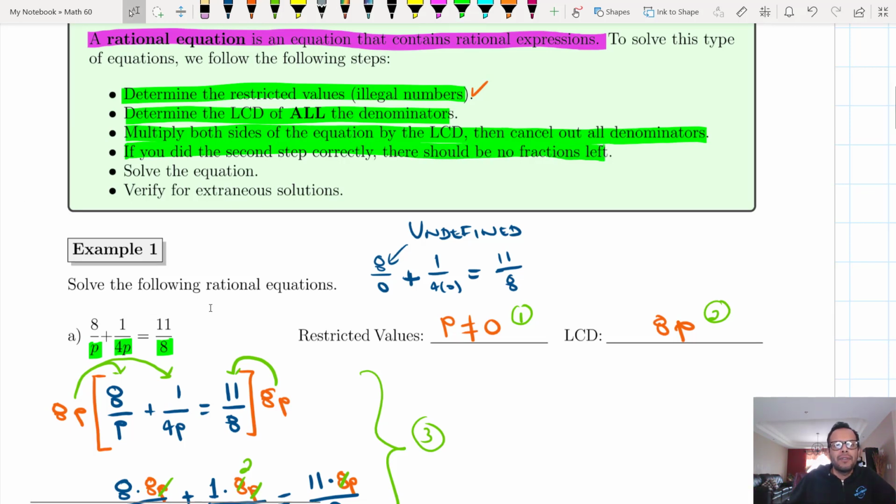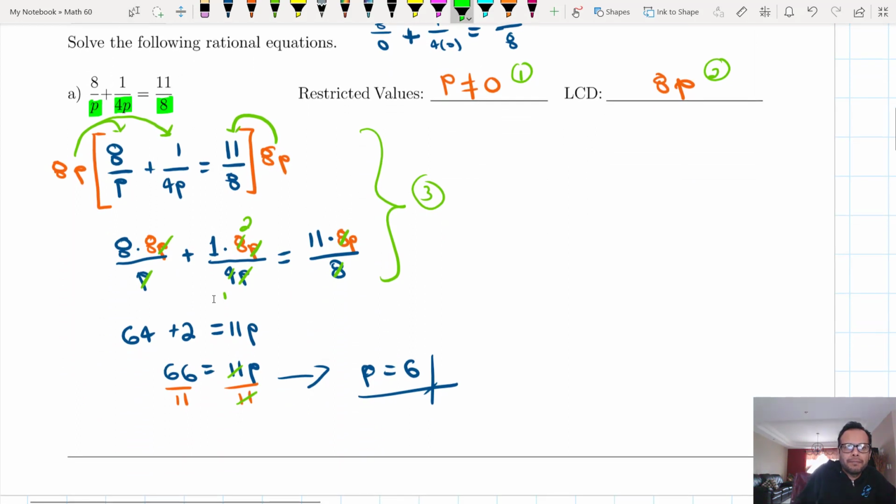Let's verify that. So that's number 4, and notice no fractions at all. That's because we did the correct LCD.